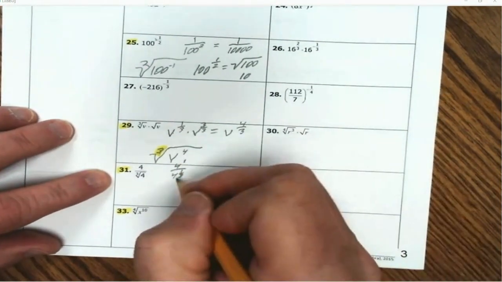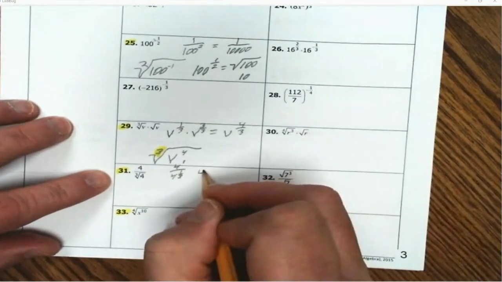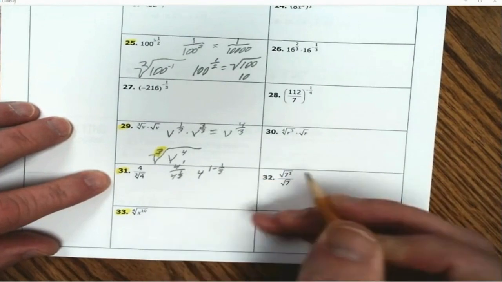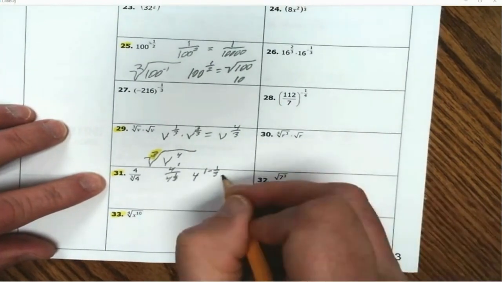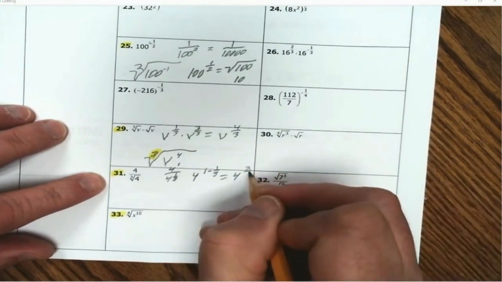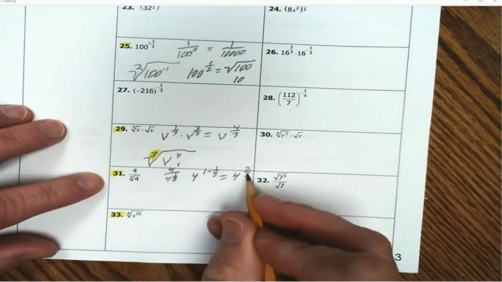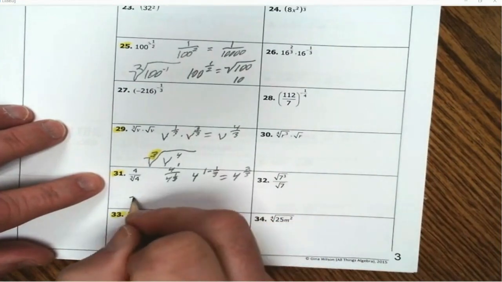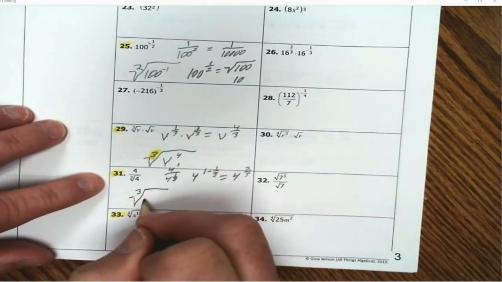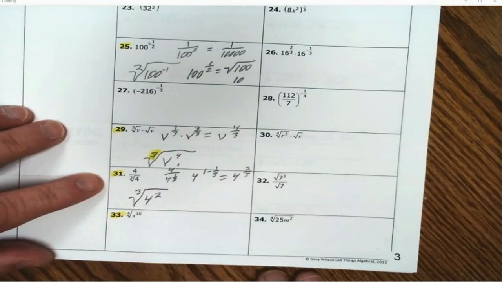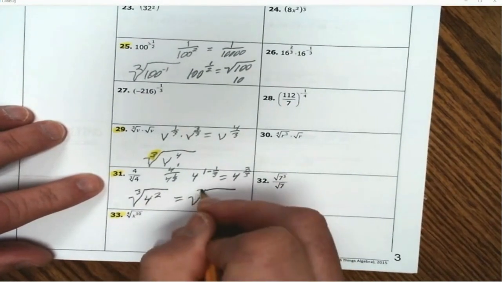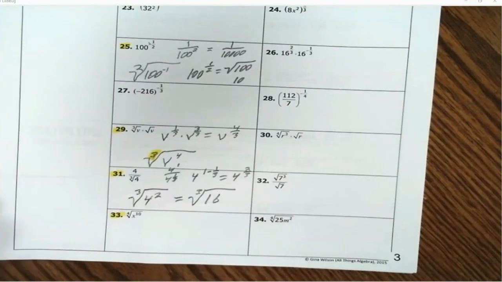When you have exponents that are divided like that, that's the same thing as 4 to the 1 minus 1/3. Which is the same as 4 to the 2/3, because 1 minus 1/3 is 2/3. So that simplifies to the cubed root of 4 squared. And since that's a real number, that's the same thing as the cubed root of 16, because that's what 4 squared is.